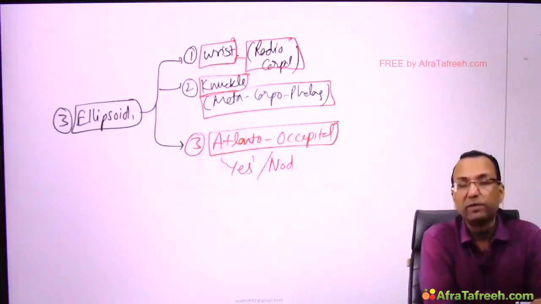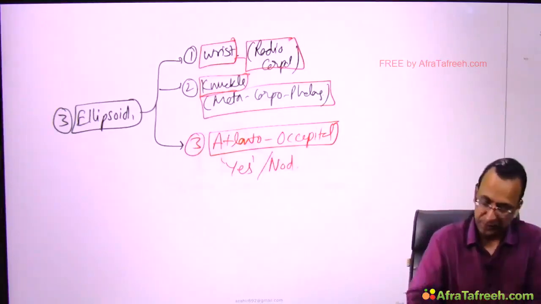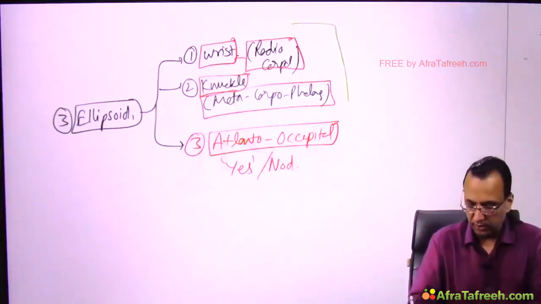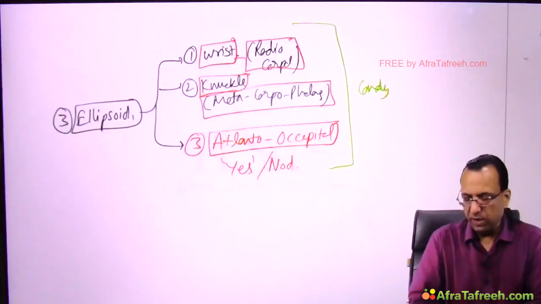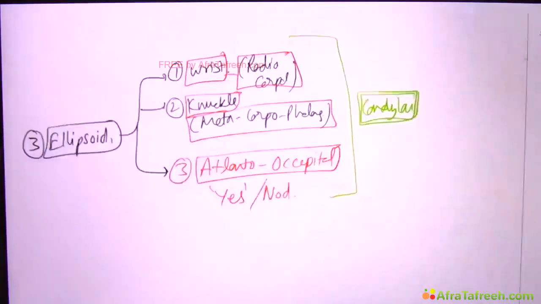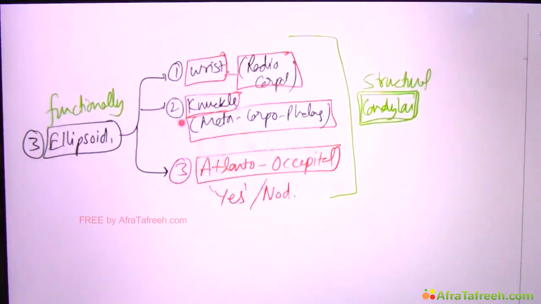And they are ellipsoid. But some books will tell you they are not ellipsoid, they are condylar. If they say all three are condylar, they are correct in that structurally they are condylar, but functionally they are ellipsoid. So some books say these three are ellipsoid, some say condylar.